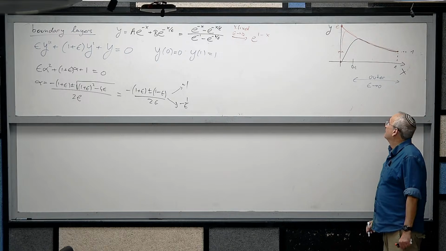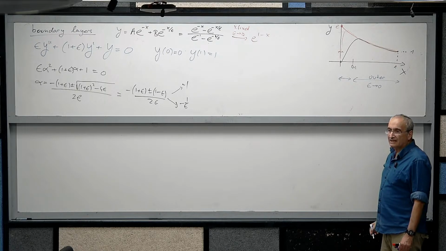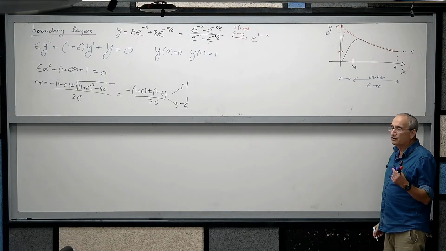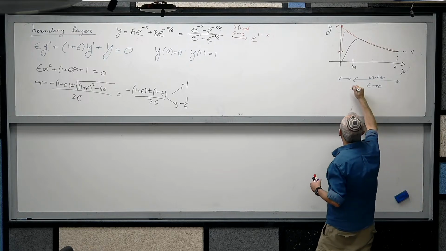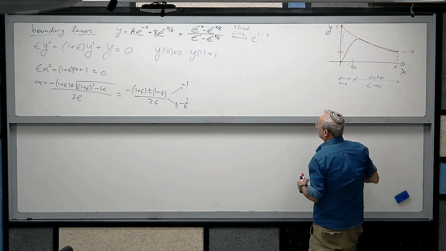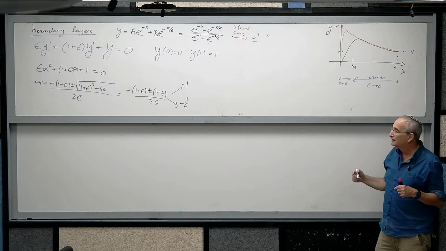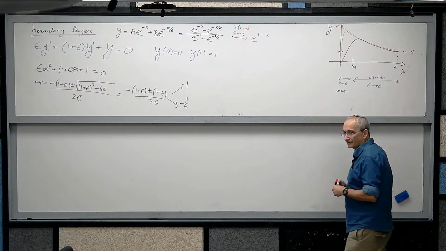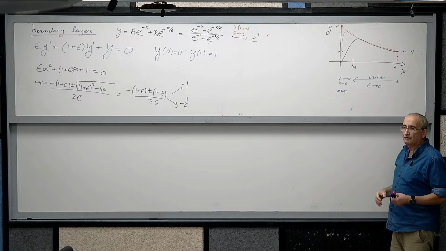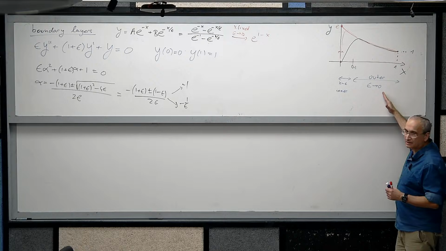Now, what happens in the other region? In this region, I cannot take epsilon to 0 because x is comparable with epsilon. So I cannot take epsilon to 0 and keep x fixed. This is the region that I call the inner region. And now what I'm going to do is solve the problem separately in the outer region and in the inner region.